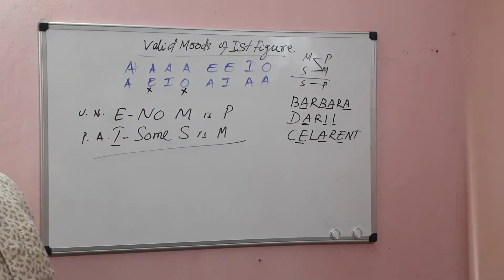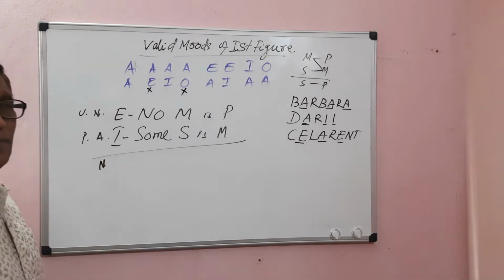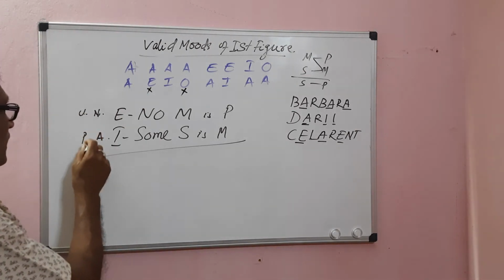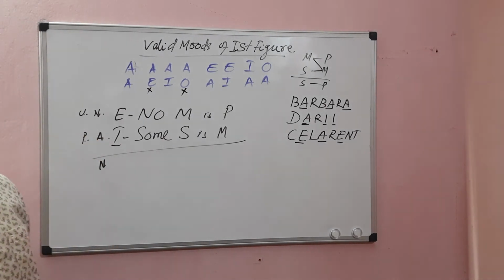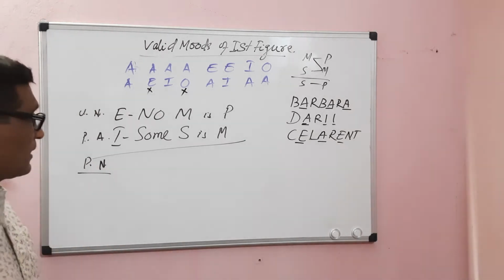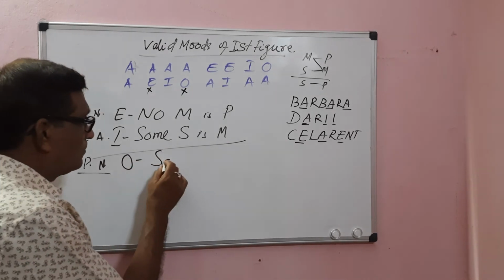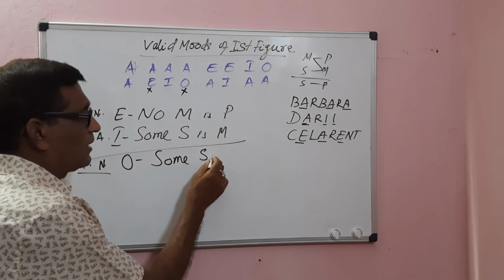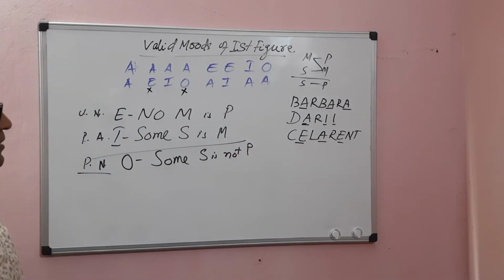One premise is negative, so the conclusion must be negative. Here one premise is universal and the other is particular, and if one premise is particular, the conclusion must be particular. The conclusion will be particular negative, meaning an O proposition: some S is not P.